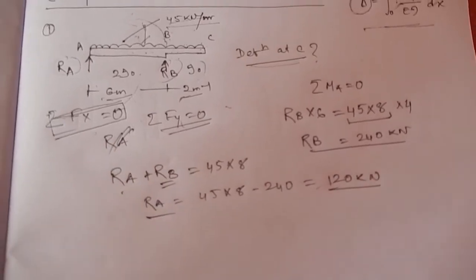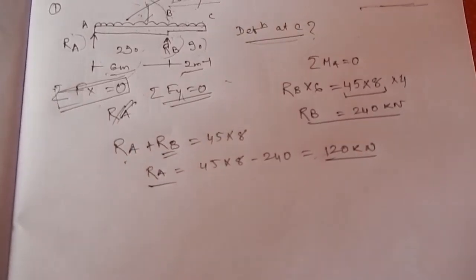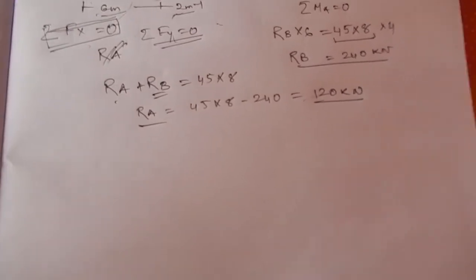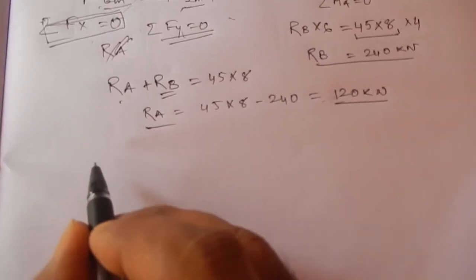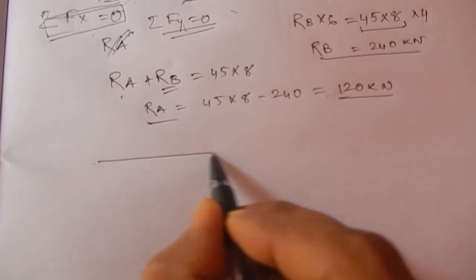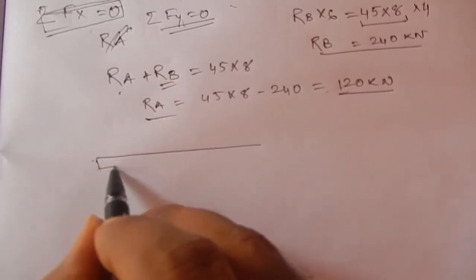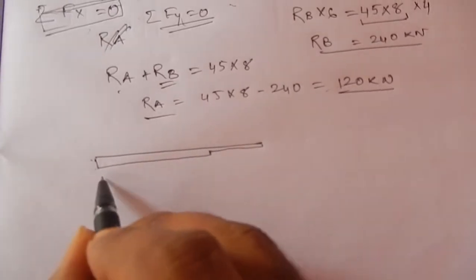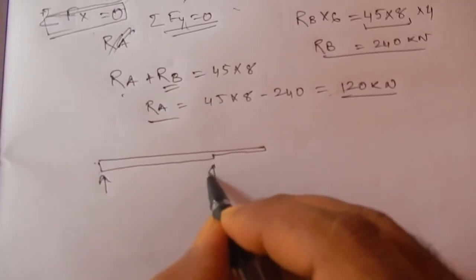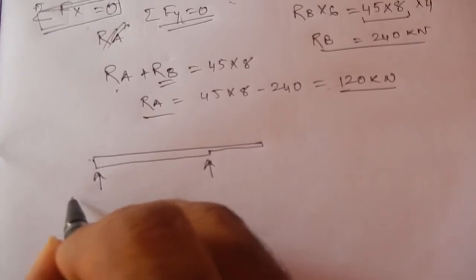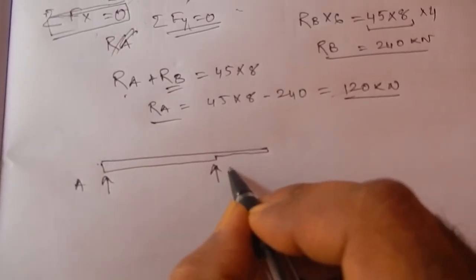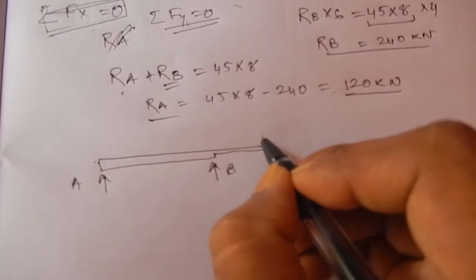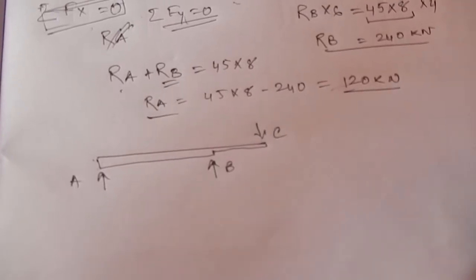Now we need to know what will be the forces if we apply the unit load. That means in the same beam, where these will be the supports at A and B, the unit load you have to apply at C.